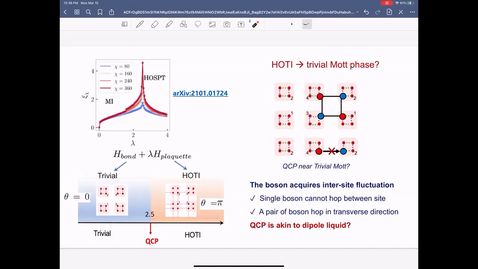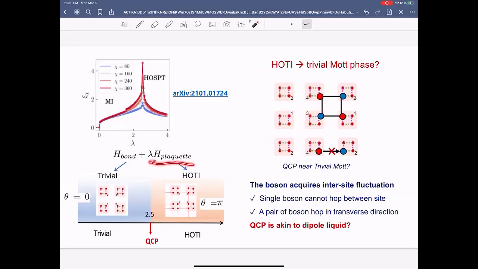So first, let's take a look at what would happen when that lambda is comparable. If we begin with this trivial phase, where spin XY interaction within the unit cell dominates everything, then the spins are localized inside each unit cell.